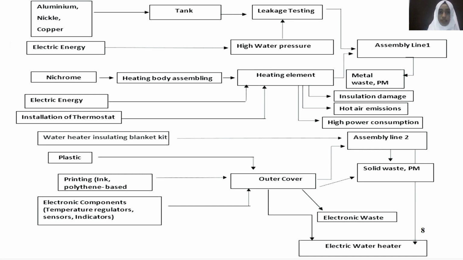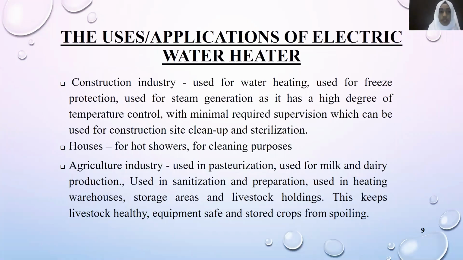Next, I'm going to explain the users or the applications of electric water heaters. In the construction industry, we use water heating for freeze protection, steam generation, and to clean up the site.